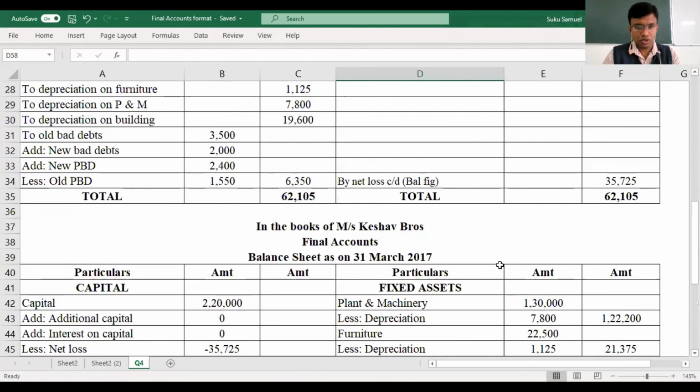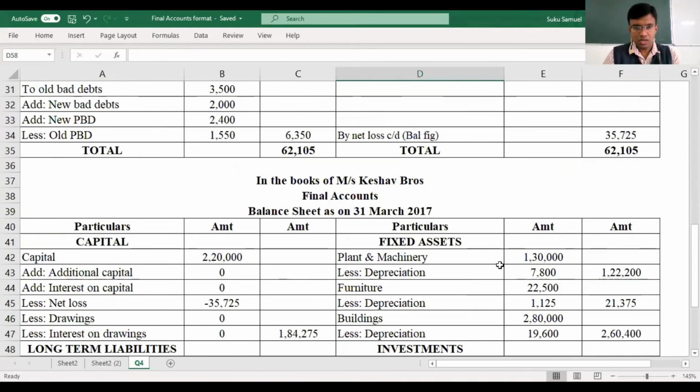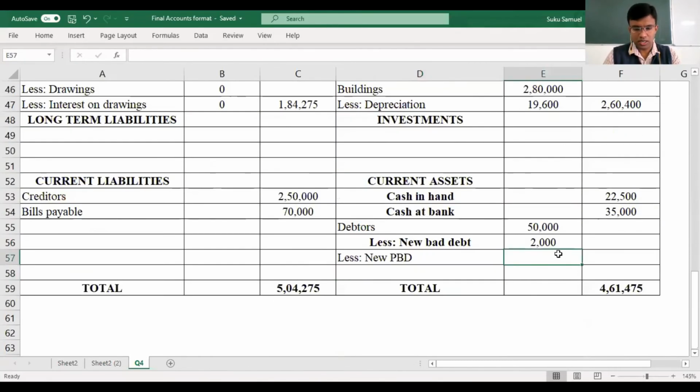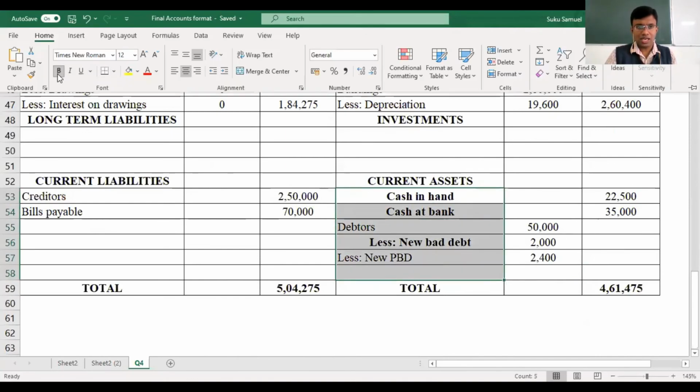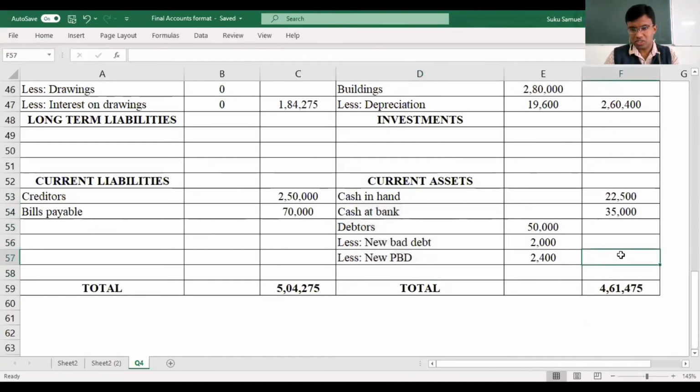The new provision for bad debts amount is 2,400. So these we will have to subtract because these were items of adjustment. And please remember, any item of adjustment you will have to treat it twice. So let us calculate the net amount, and it works out to be 45,600.